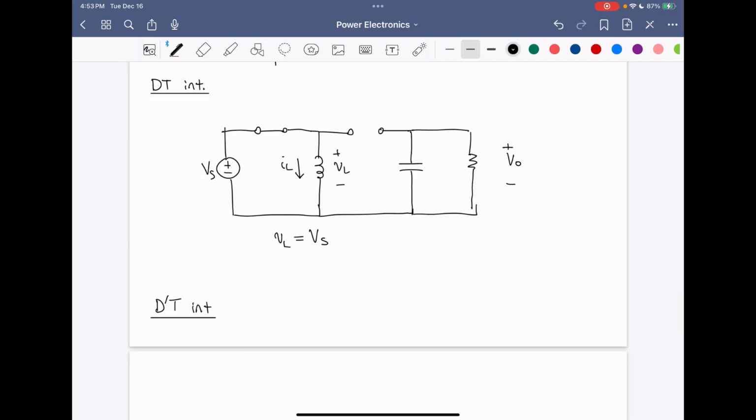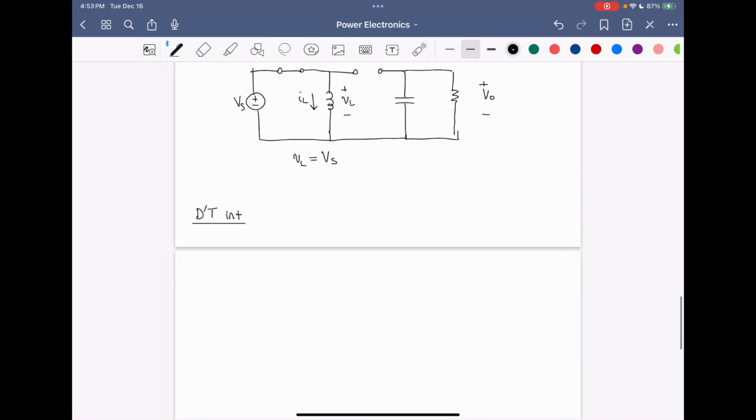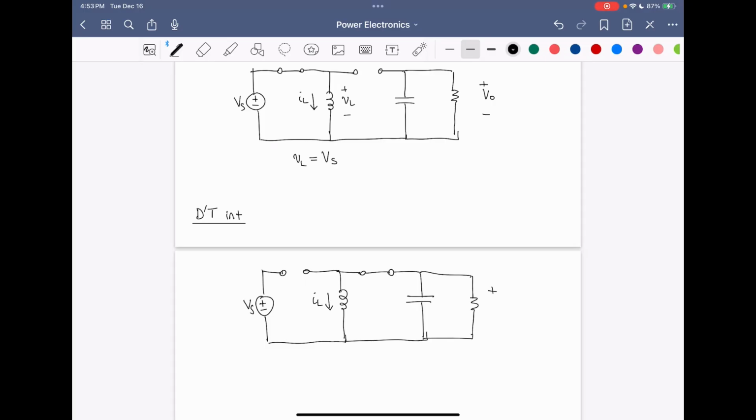In the 1 minus D T interval, we're going to open the switch. So the switch is an open circuit. The diode is going to become forward biased in this state, and we once again have the capacitor and resistor at the output.